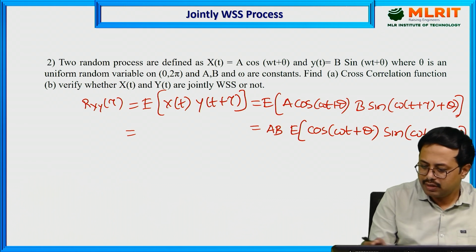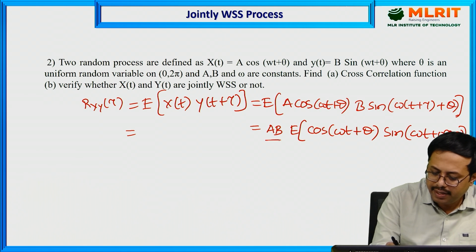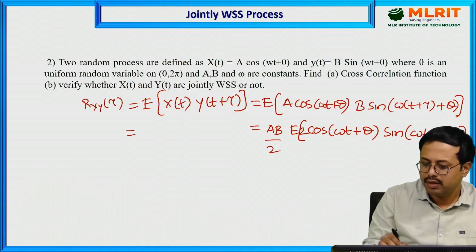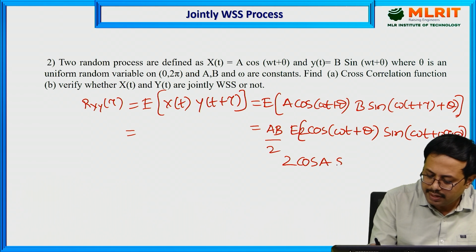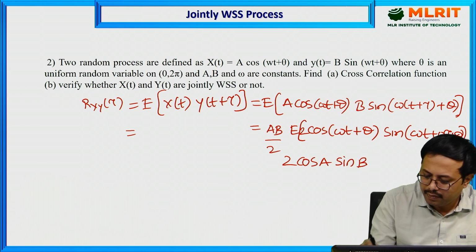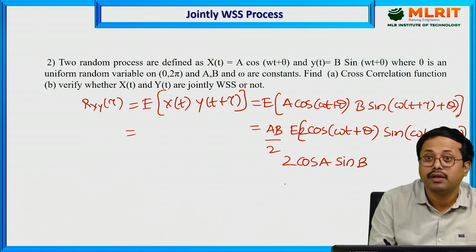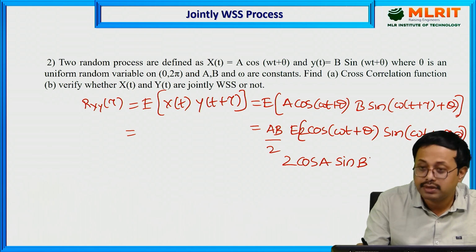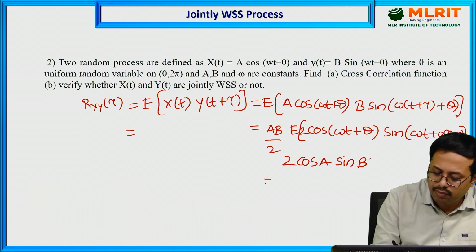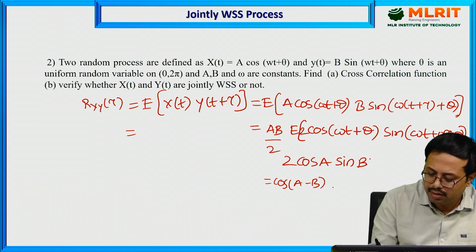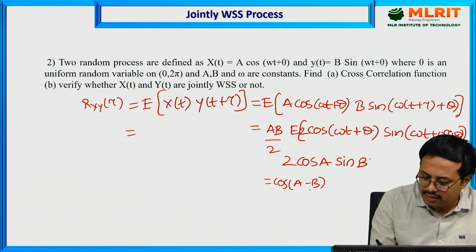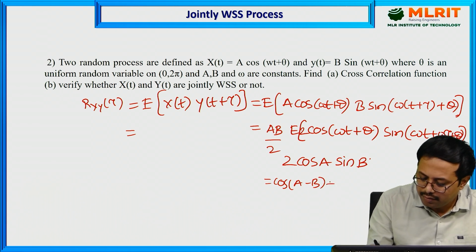Now we can't simplify this directly, so multiply and divide by 2. Then you are going to get it in the form of 2 cos A sin B. Then you get the formula, where here you are having sine of (A plus B) plus sine of (B minus A).